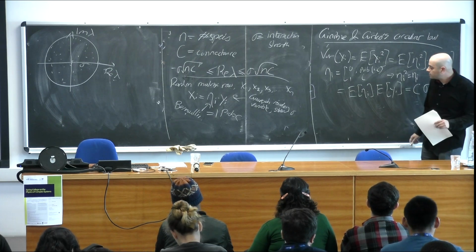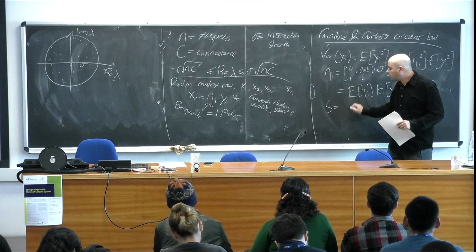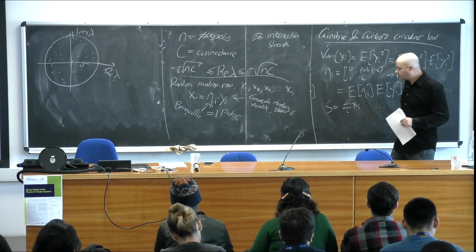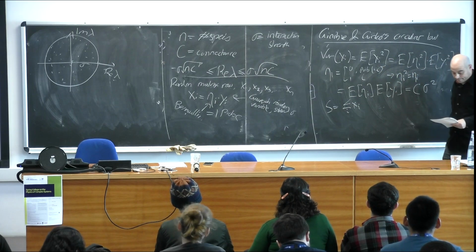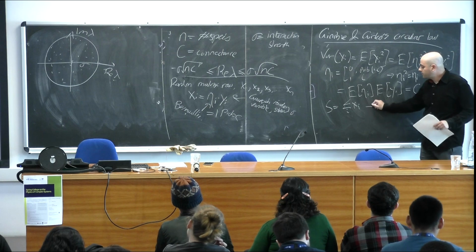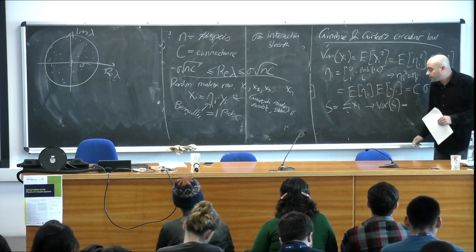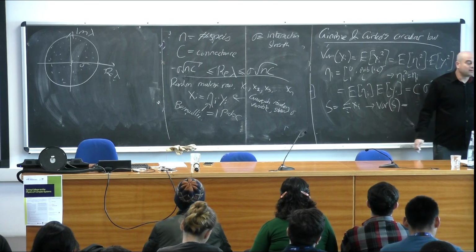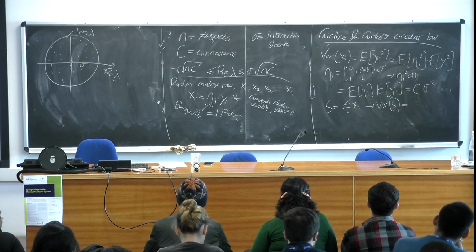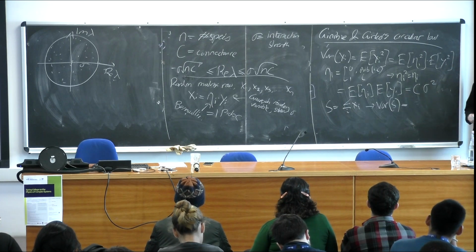Okay, and now if we look at the entire row, which is the sum of all x_i's, and we look at the variance of the entire row, then since these are independent variables, the variance of their sum is the sum of their variances.